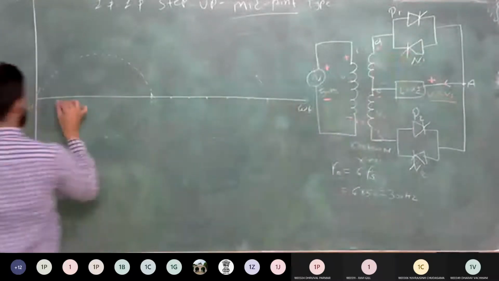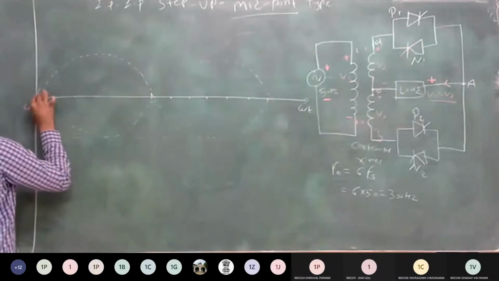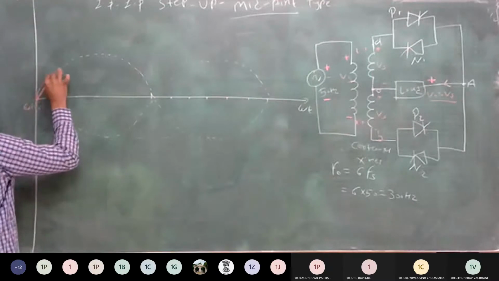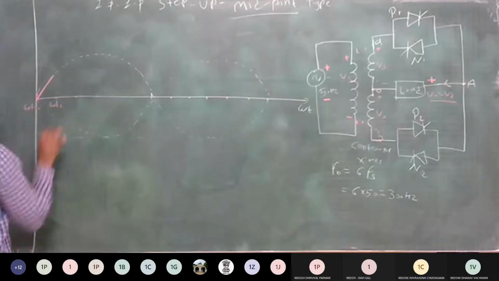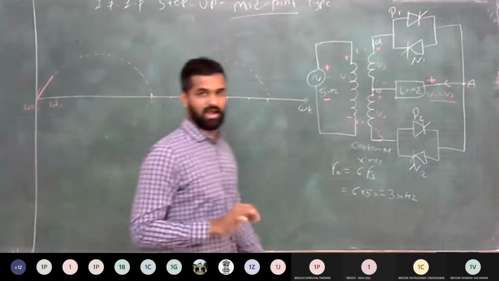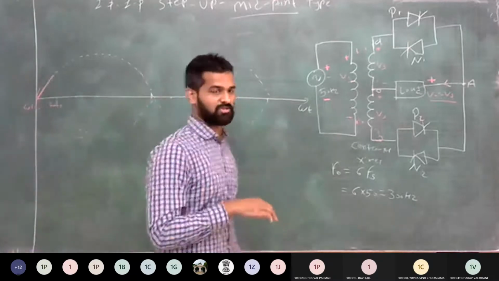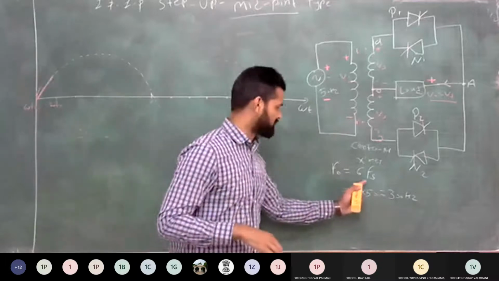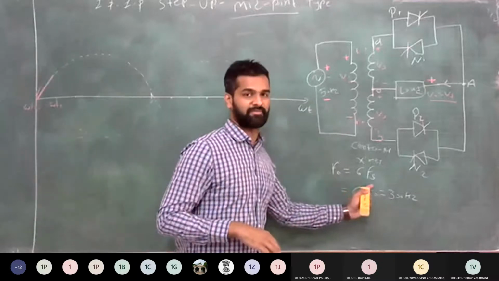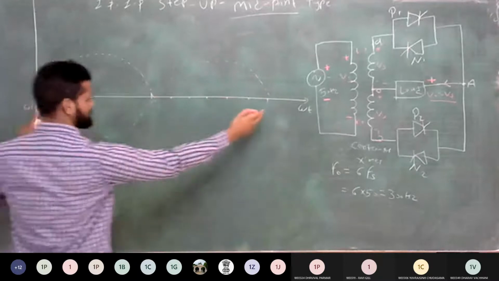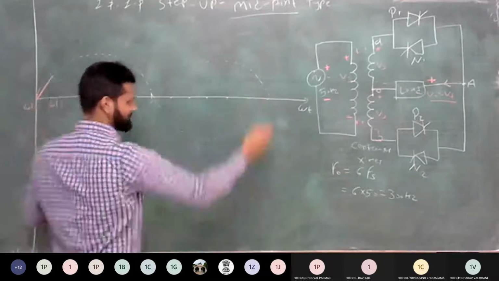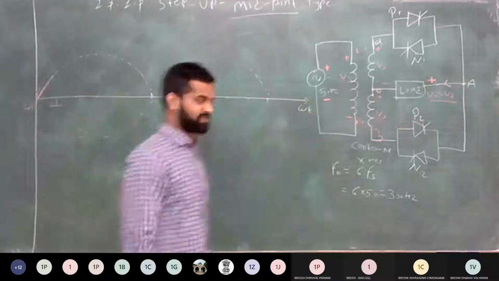So you can see here, I get the positive voltage. But at omega t1 point, I want the negative voltage because the output frequency I require is 6 times Fs. In this one cycle of your supply, I require the 6 cycles at the output side.